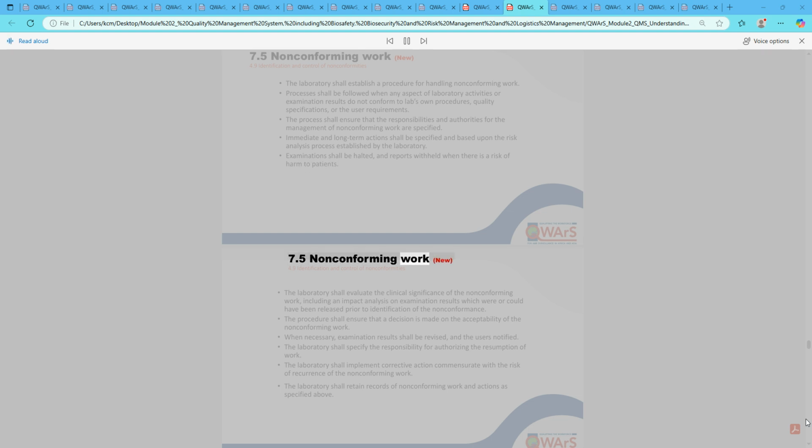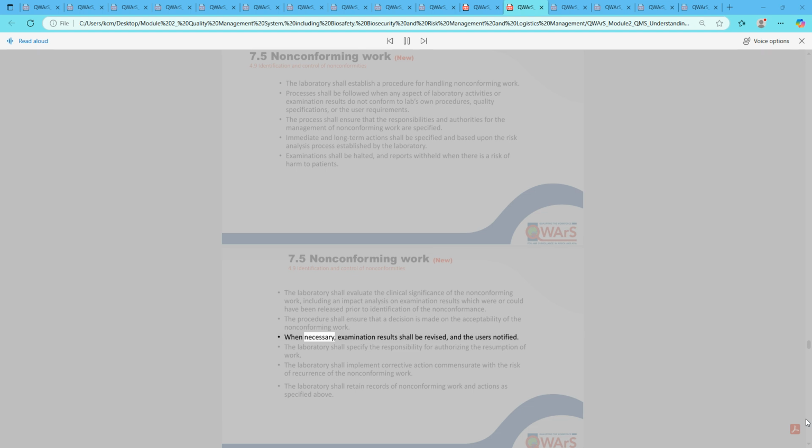7.5 Nonconforming work, new. 4.9 Identification and control of nonconformities. The laboratory shall evaluate the clinical significance of the nonconforming work, including an impact analysis on examination results which were or could have been released prior to identification of the nonconformance. The procedure shall ensure that a decision is made on the acceptability of the nonconforming work.